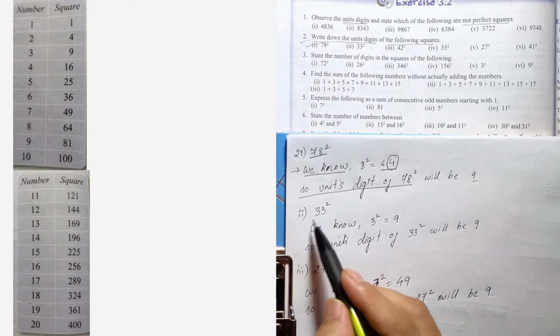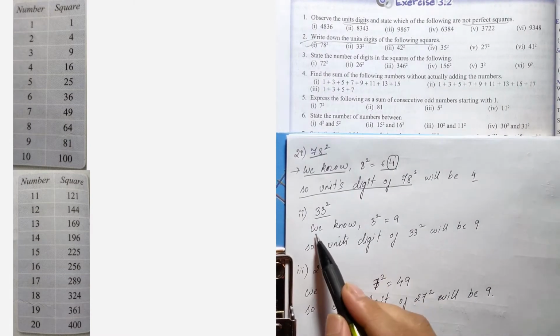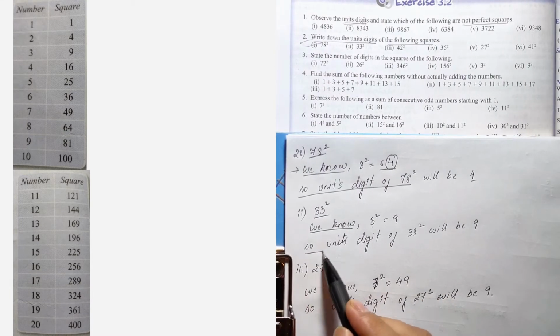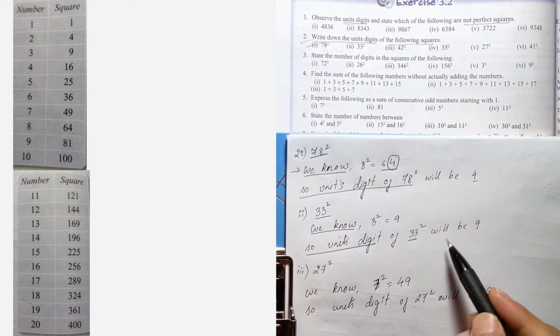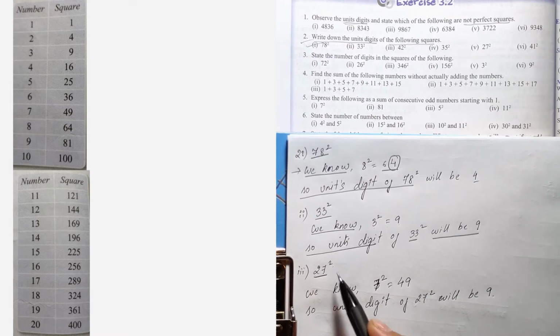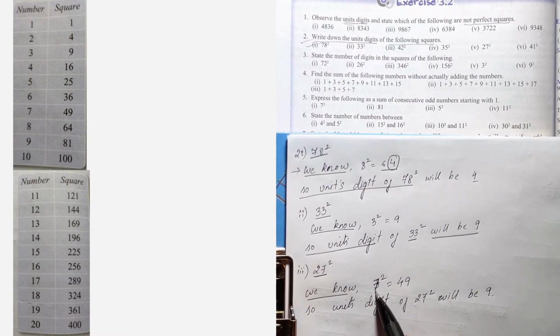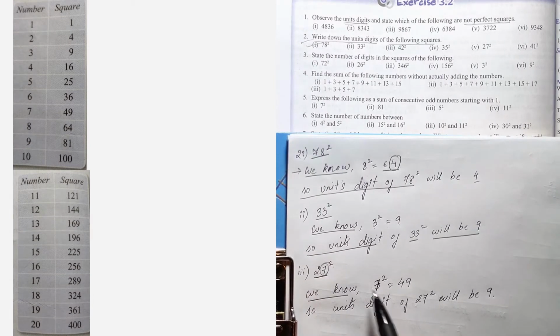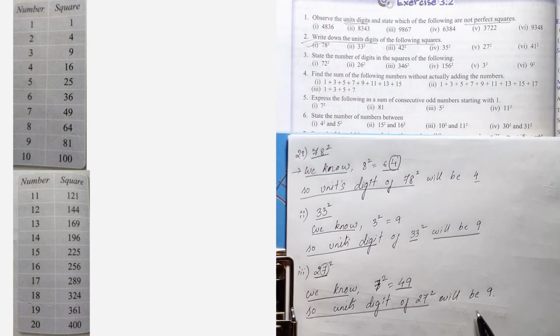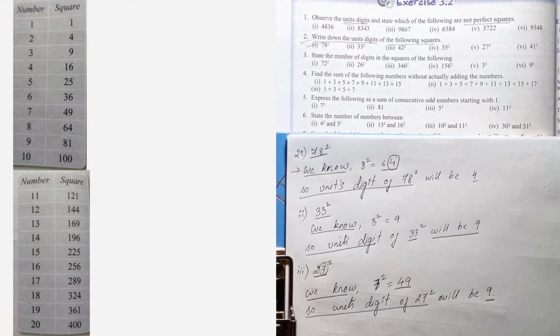Let's look at the second one, 33 square. We know 3 square is equal to 9. So the units digit of 33 square will be 9. Third one, 27 square. We know 7 square, the units digit, is 49. So the units digit of 27 square will be 9.